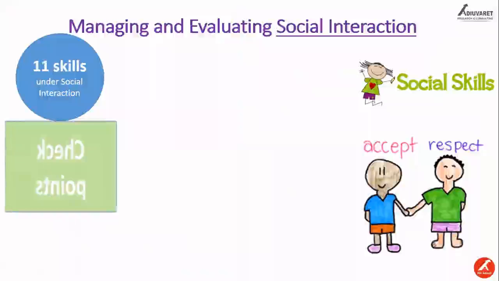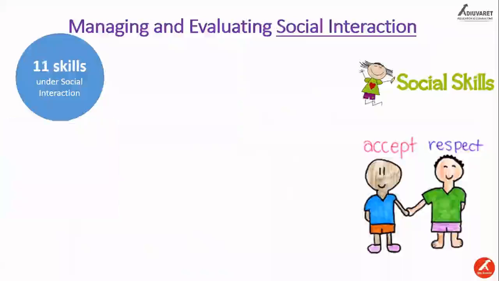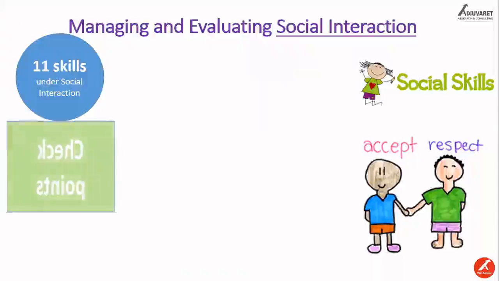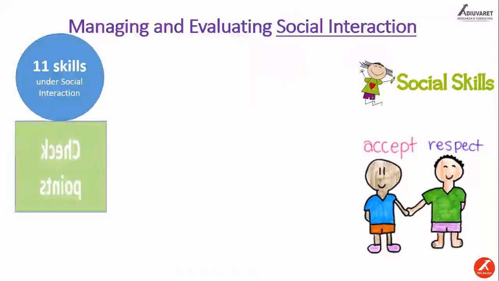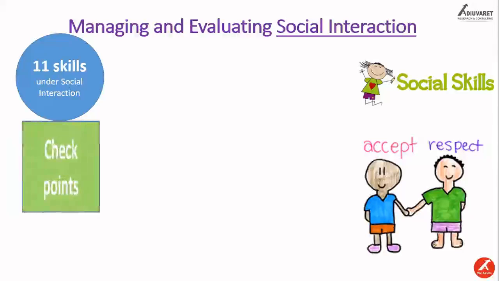As I said, today we'll be discussing all the skills and checkpoints related to social interaction, which has 8 sub-skills or checkpoints related to different skills that the child must learn in order to make himself or herself maximally socially compatible.